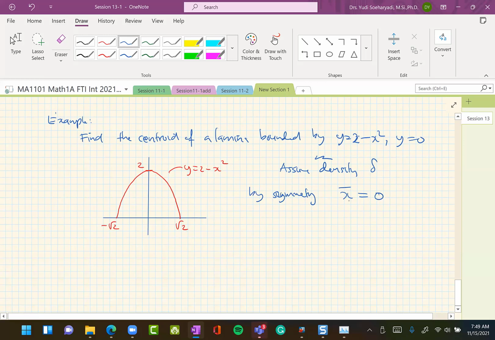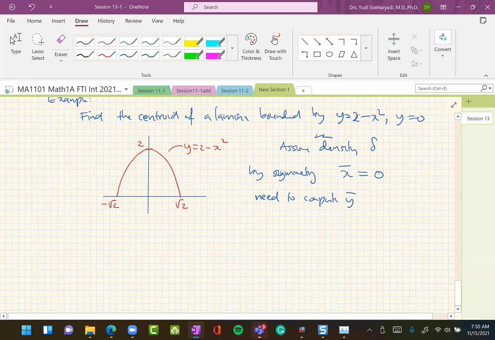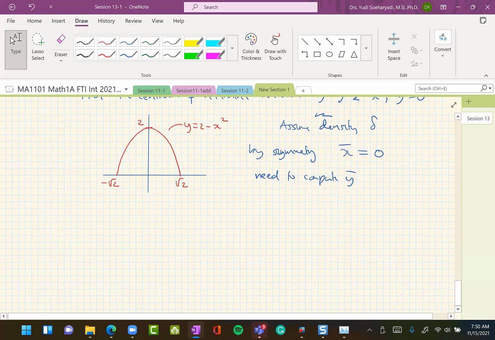So then we don't have to compute x bar. We just need to compute y bar. So how do we get y bar? Well, think about one sample.